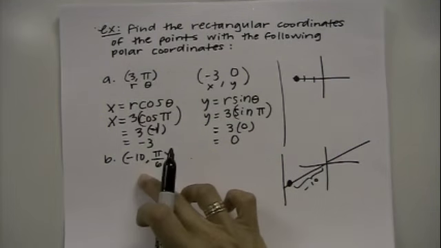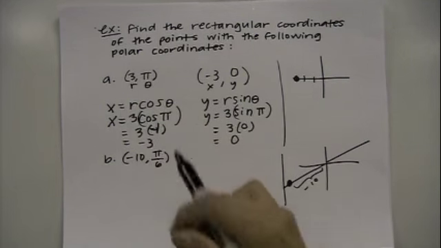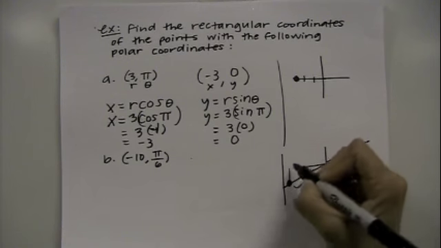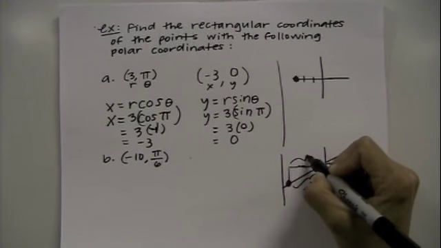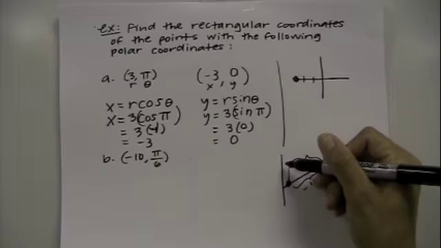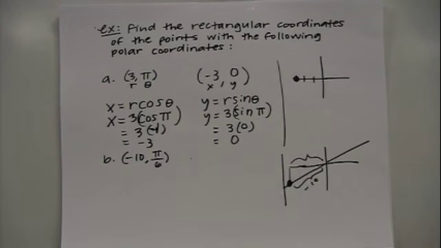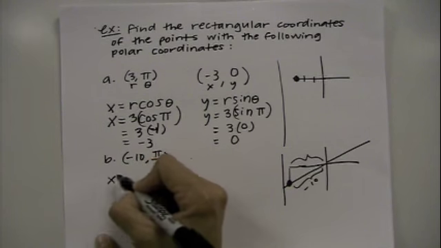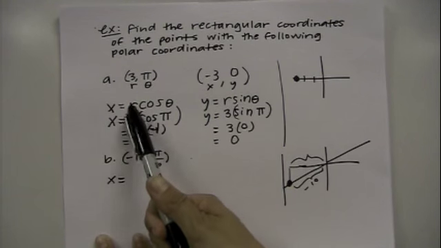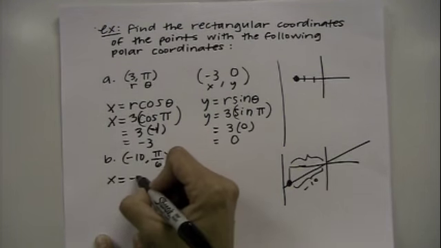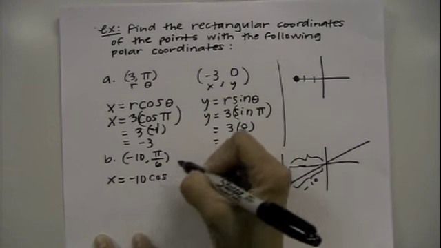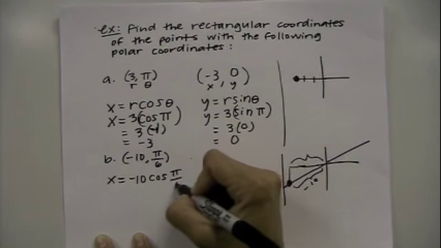So if we want to use, again, the 2 equations, we're trying to find how far in the x direction we are going, and then how far down we are going to obtain that point using x and y. So let's plug it in. Again, I'm using the same r cosine theta, where r is -10. Plug in theta as pi over 6.